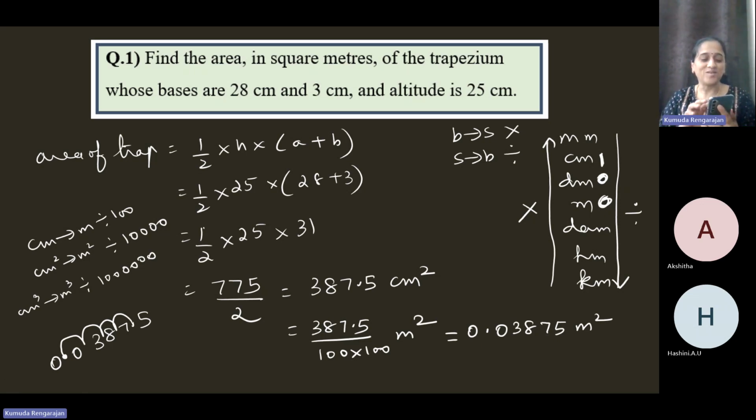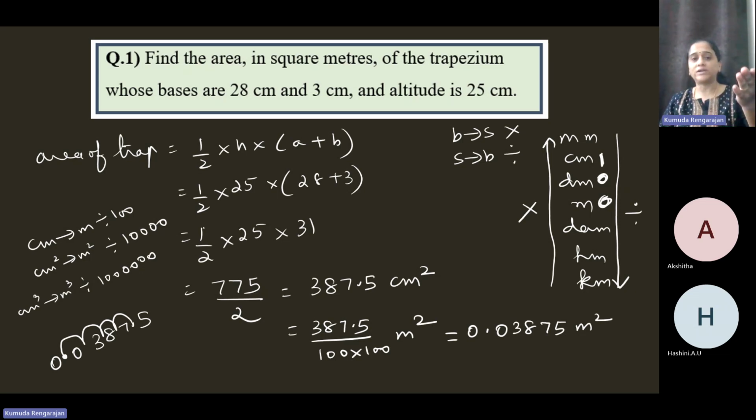Areas need not always be in meter square. It can be in millimeter square, centimeter square, decimeter square, meter square, decameter square, hectometer square, kilometer square, depending on the units given in the question. If it was 28 kilometers, 3 kilometers and 25 kilometers, then the area will be in kilometers square.